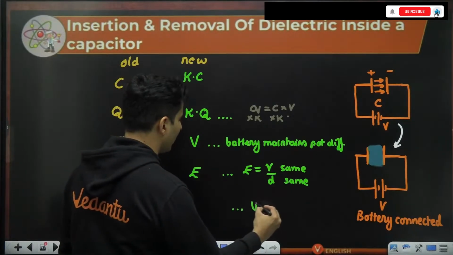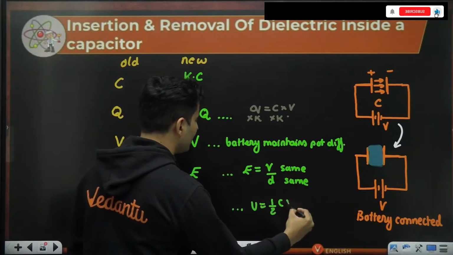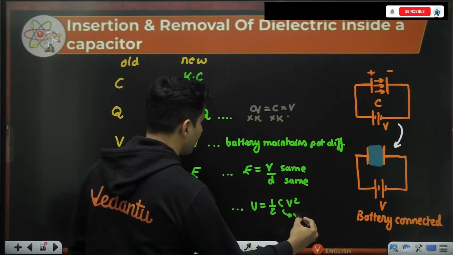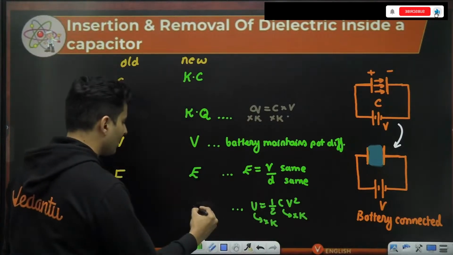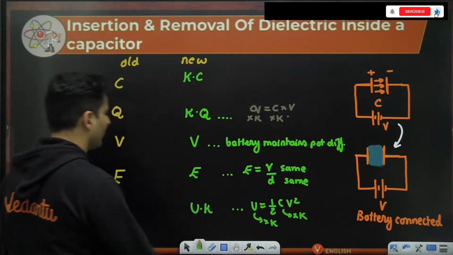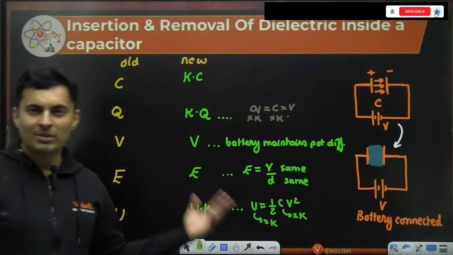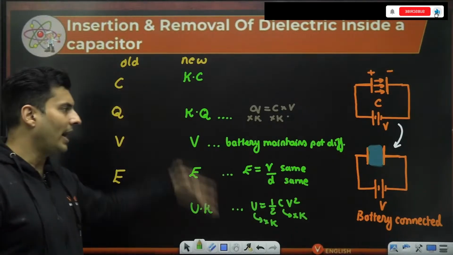So why not use energy is equal to half CV square. Capacitance increased K times, so energy should also increase K times. So the energy will become K times of U. That's it. This is what happens when you add a dielectric.